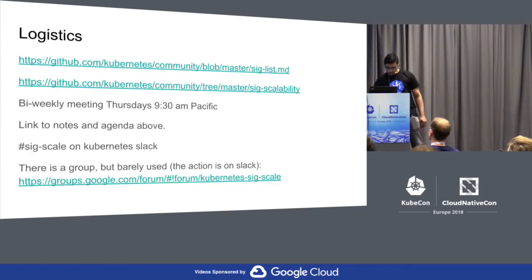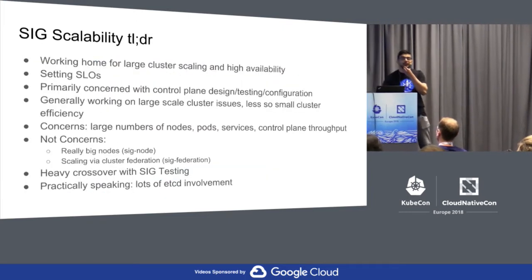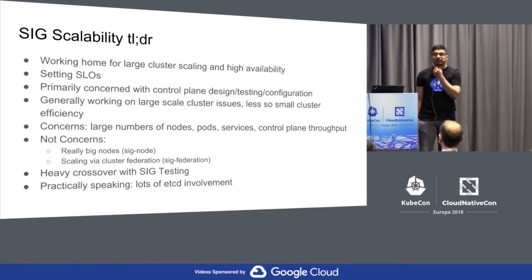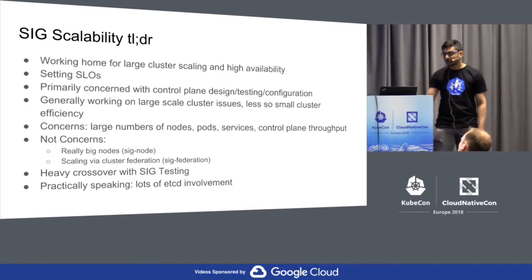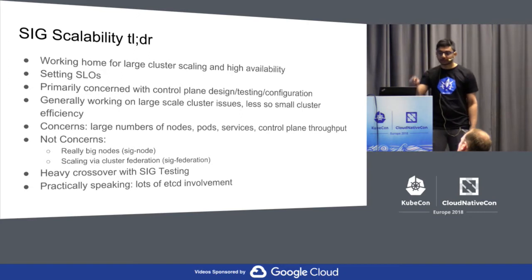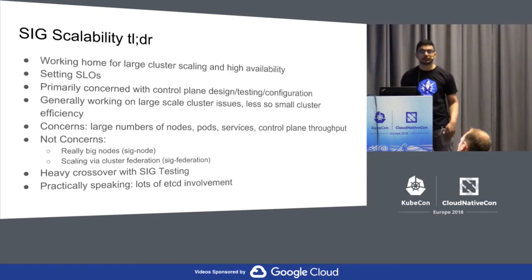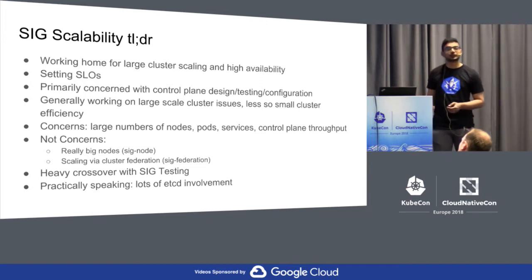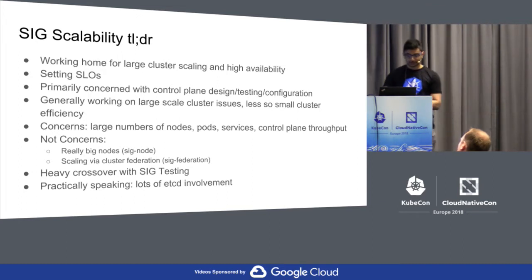Before going into this, I wanted to add a couple of points. One thing which often happens is that autoscaling is also not a concern. Autoscaling doesn't really fall into the purview of scalability, and there are a lot of people looking for autoscaling related questions, so this is not really going to address that.